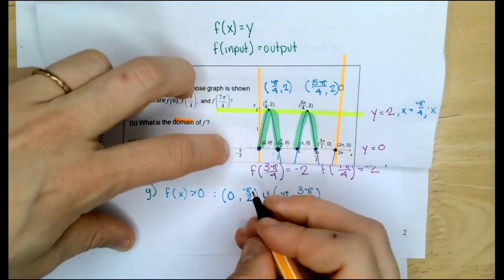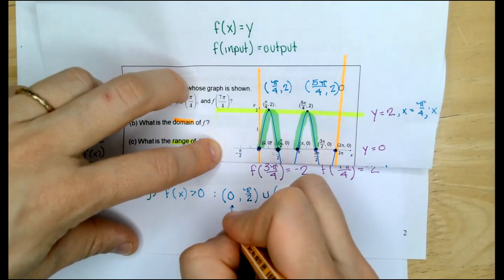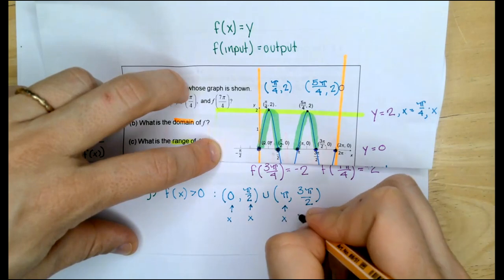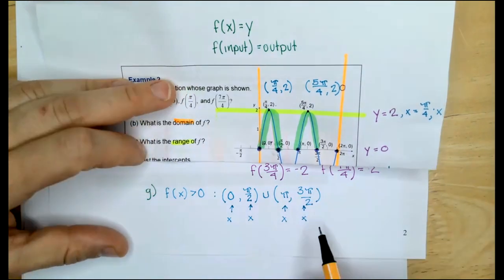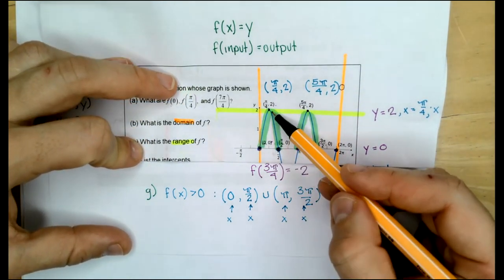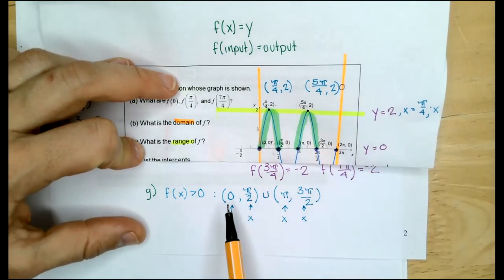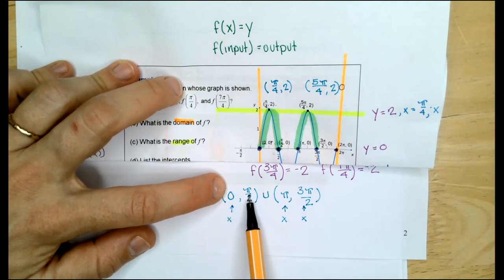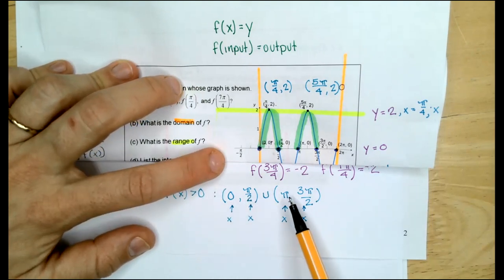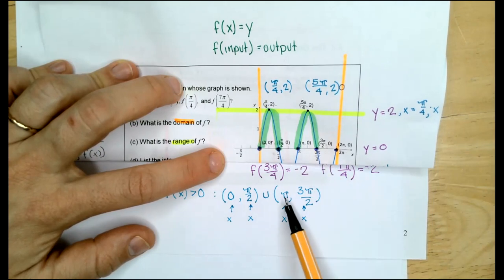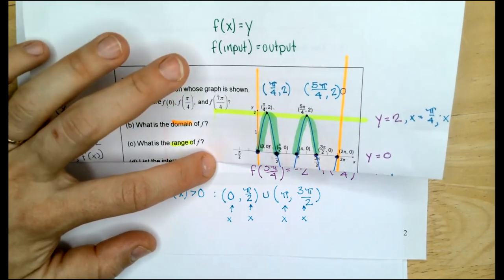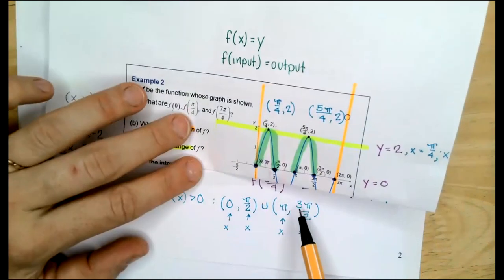These are only x values. That's an x value, that's an x value, because this is interval notation. So here are my x values for the times when y is greater than 0: between x equals 0 and x equals pi over 2, and again between x equals pi and x equals 3 pi over 2. Those are all x values because that is an interval.